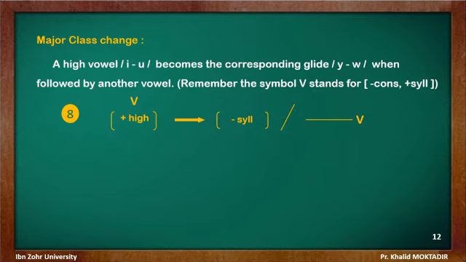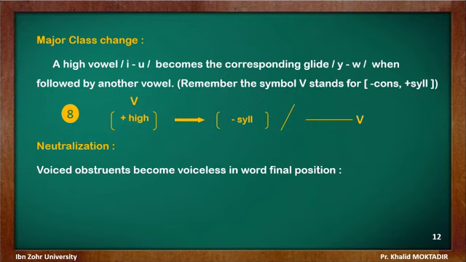So if we say a high vowel becomes minus syllabic, the feature syllabic is actually included in the symbol V, which is minus consonantal plus syllabic. It becomes minus syllabic when it is followed by another vowel. This indicates a situation where two contiguous vowels, the first of which becomes a glide because it's followed by another vowel.